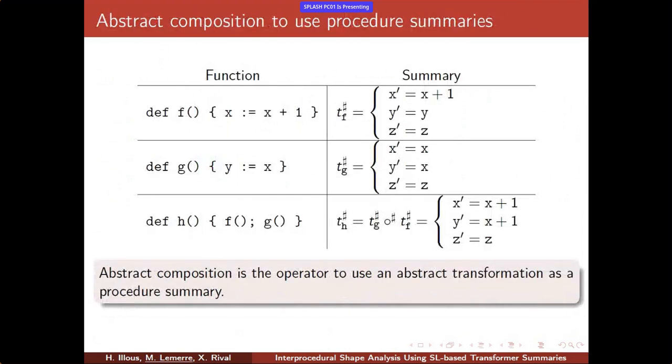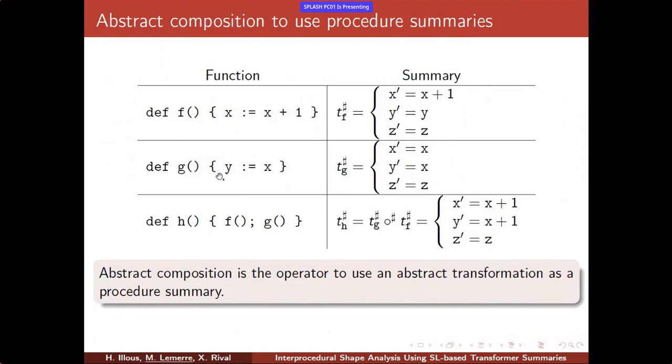So this abstract composition operator is really the intended meaning of what it is to use a procedure summary. For instance, here I have three different functions. The f function only increments x and can be represented by this procedure summary where y and z don't change, x prime is x plus 1.